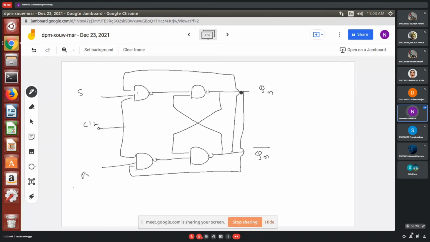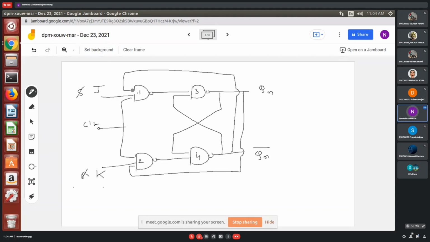And this Q output is connected to the input of this another NAND gate that is used for reset. 1, 2, 3, and 4. Now instead of S, I will give the name J, and instead of R, we'll give the name K. So J and K.